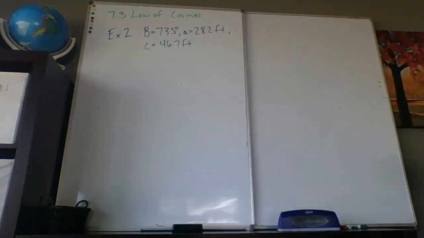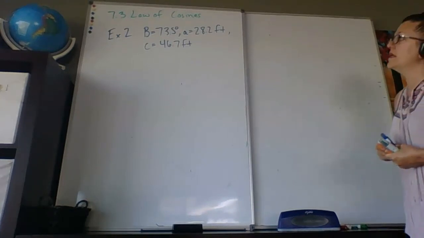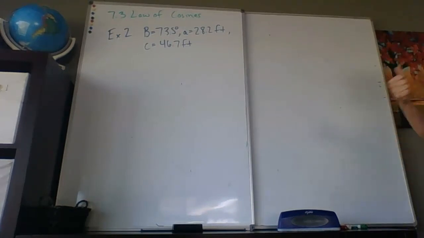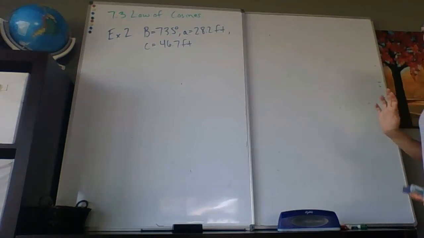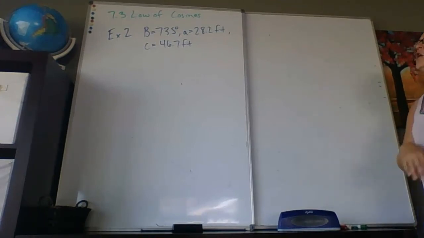Example 2. Solve the triangle ABC if angle B equals 73.5 degrees, side A equals 28.2 feet, and side C equals 46.7 feet. You might try to use the law of sines. My general rule of thumb is try to use law of sines first, and if that doesn't work, then we resort to the law of cosines.